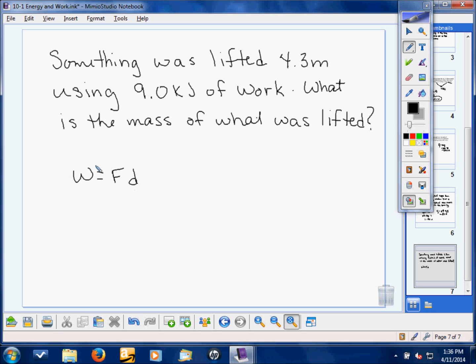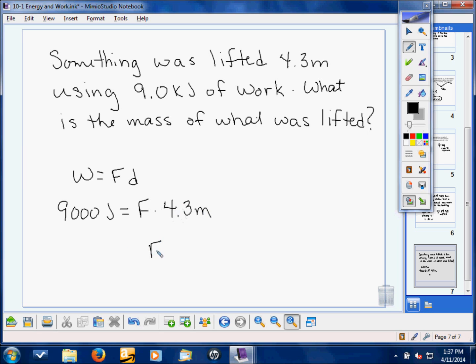Do we know the work? Yes. The work is 9,000. Remember, kilo means thousand? So it's 9,000 joules. Our force is unknown, and our distance is 4.3.